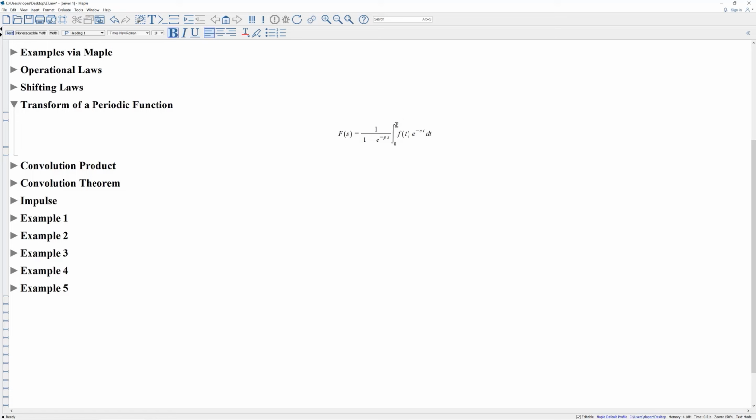But if you integrate over one period and you look at the sum of the integrals of successive periods, you realize it's a series. And this factor out front is the sum of that series, a geometric series. So this turns out to be a useful formula. Probably toss that out at students.